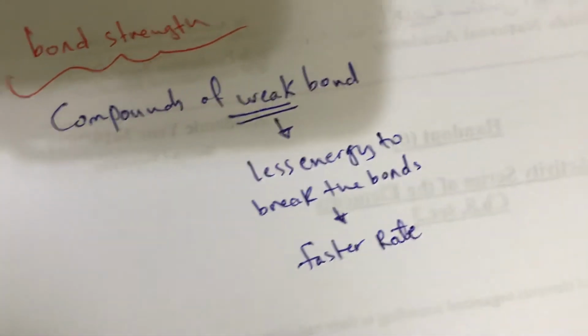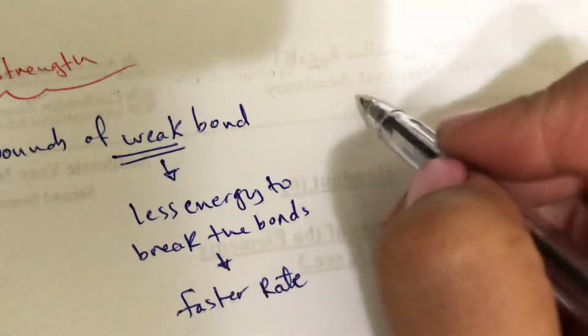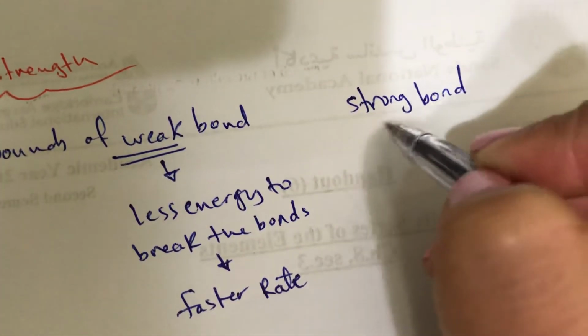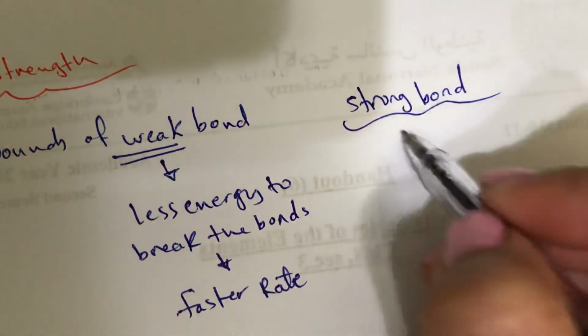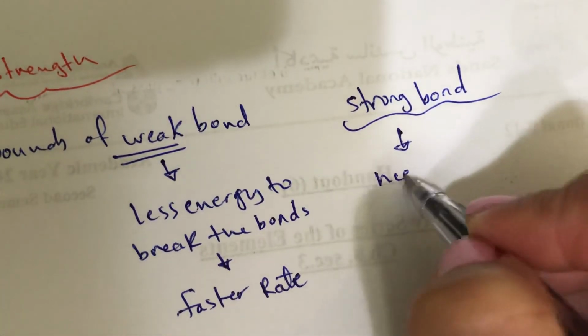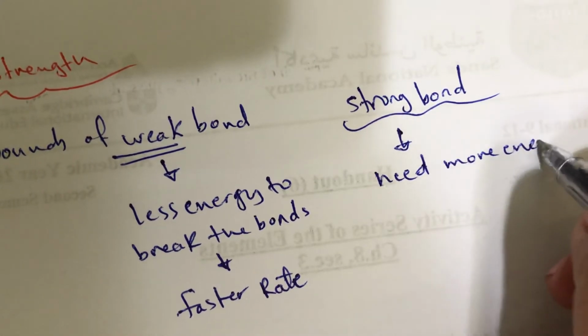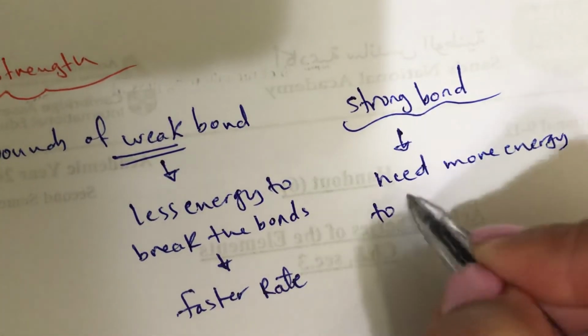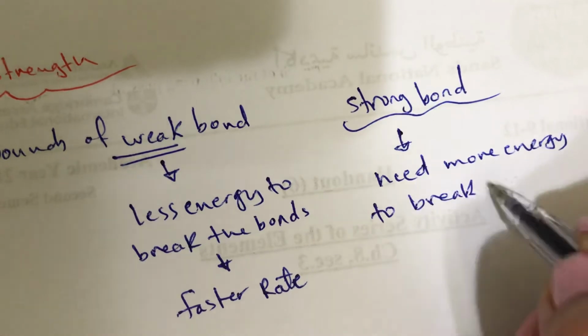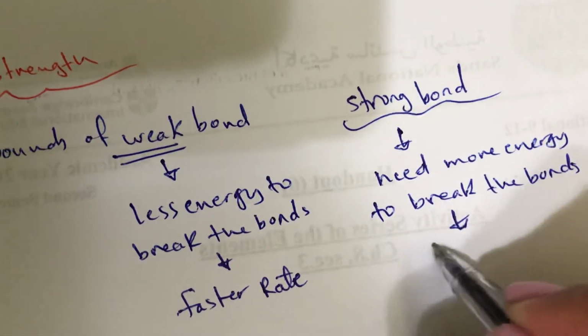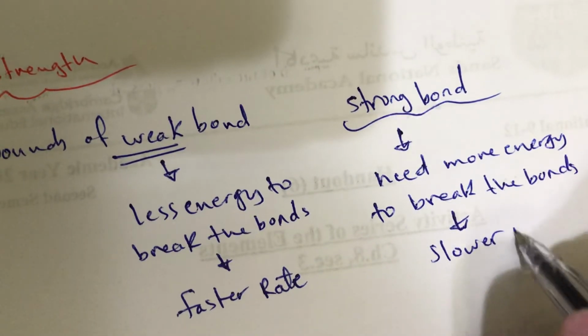But compounds of strong bonds need more energy to break the bonds, so slower rate.